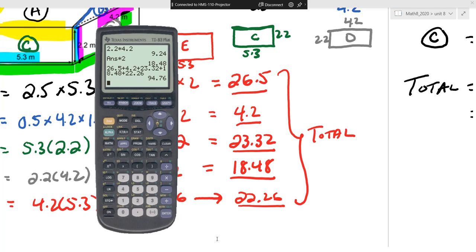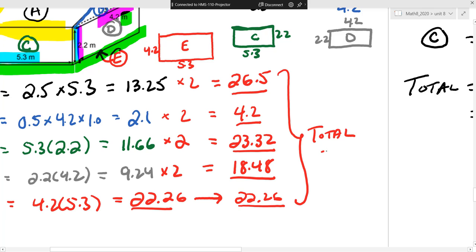We end up with 94.76. So let's do the one decimal place, so we get 94.8. And what unit should we include for this? Centimeters squared. Oh, wait, no, meters. So we have a meter, so a meter squared. All right, and that's it.